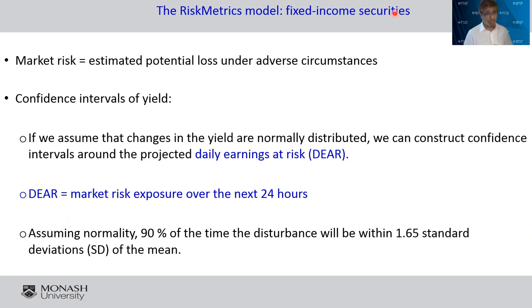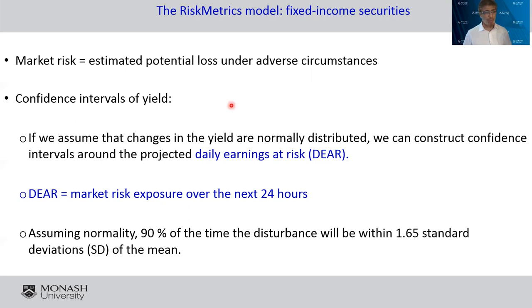Now we do it for fixed income, foreign exchange, and equities. But for fixed income, it's a little bit different, because we have duration involved, and the movement of the change has to go to the right instead of the left, since we are dealing with the yield, not with the assets.